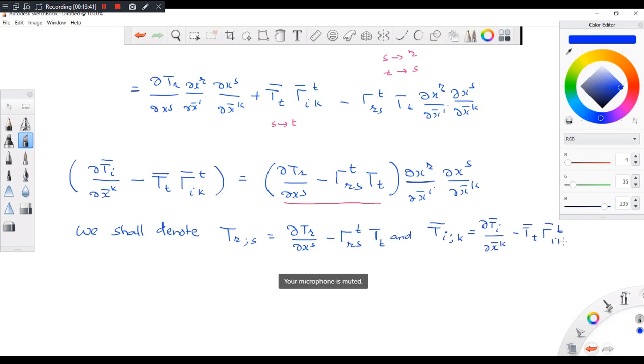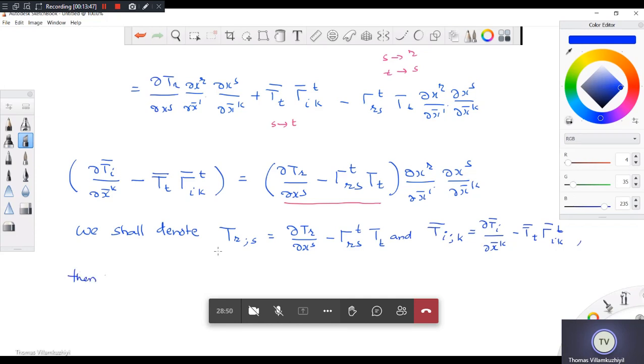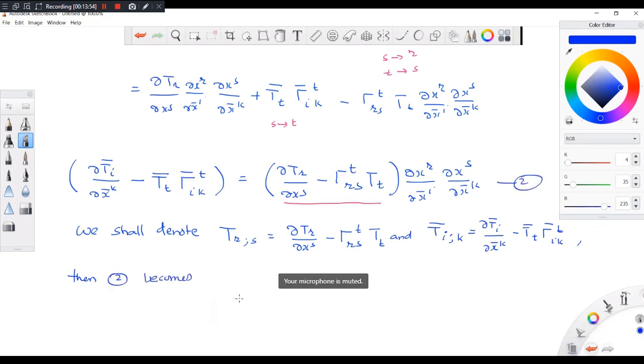Okay, so then if I denote like this, then you call this by 2, then 2 becomes t bar i semicolon k is equal to t_r semicolon s into del x^r by del x bar i, del x^s by del x bar k. Call this by 3.